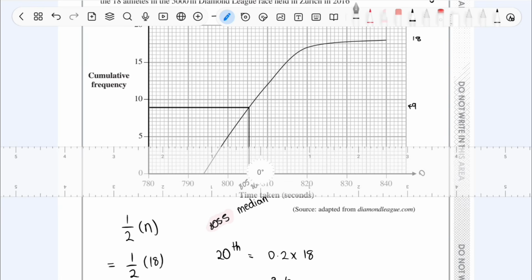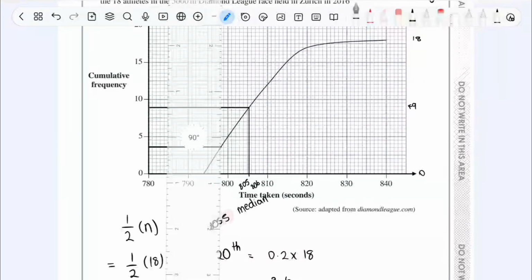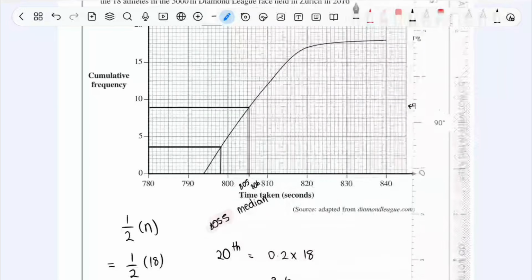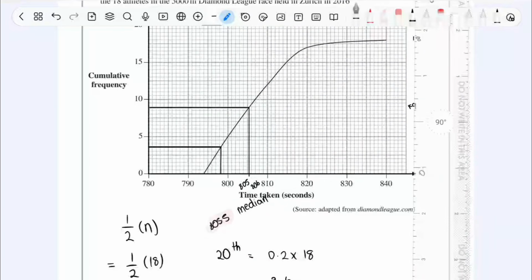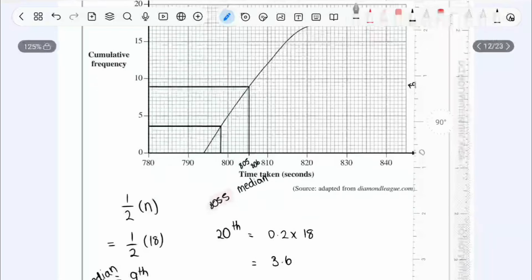So we're going to go just slightly over. Okay, so I'm drawing the line slightly to the right too much, but you can see that it's hitting 2 squares to the left of 800, and that is 798.